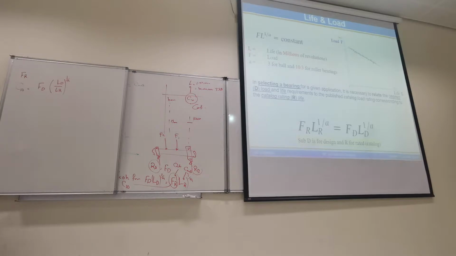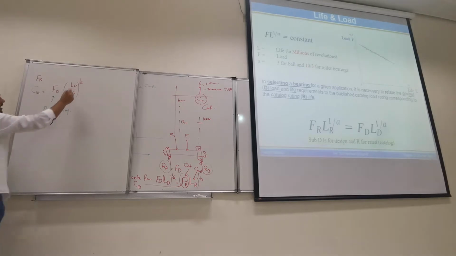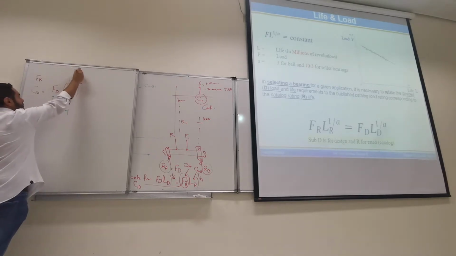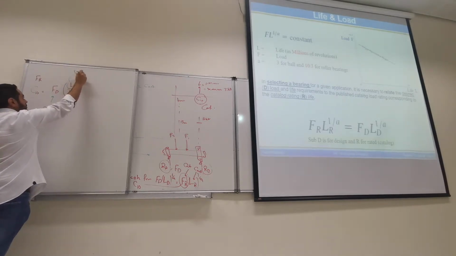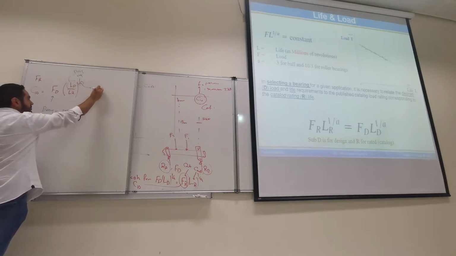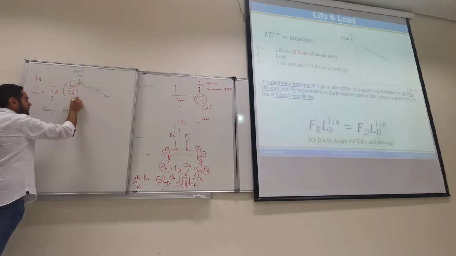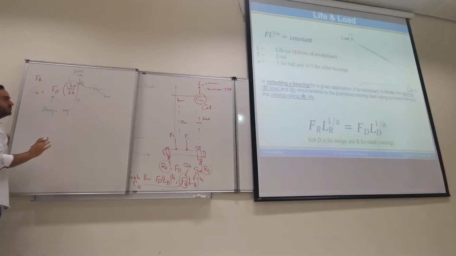So again, these are design requirements based on the design. Also, this is a design requirement. This is based on your selection. So you say I want to go with a ball bearing or with a cylindrical bearing, depending on the selection.